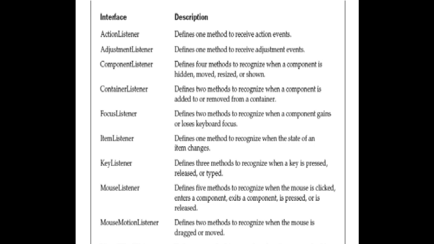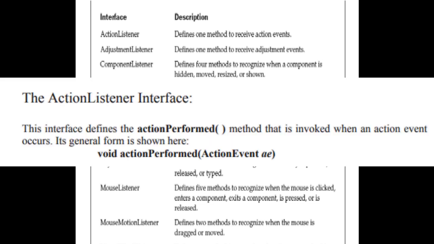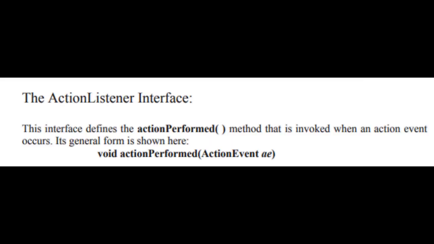The first one, the action listener interface. This event occurs when you click a button, etc. So this is the simplest one. It has only one method, that is void actionPerformed, and the parameter to this method is ActionEvent.